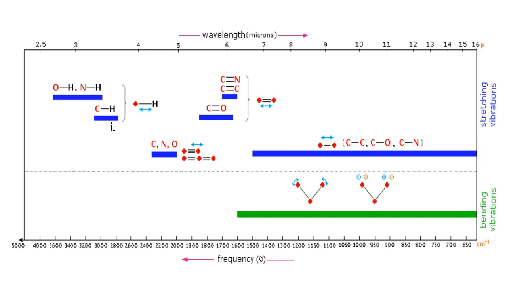So by seeing this chart, each of these functional groups absorbs frequency within a small range, and hence by finding the peaks in IR spectra in these ranges, we can find the functional group present in the molecule.